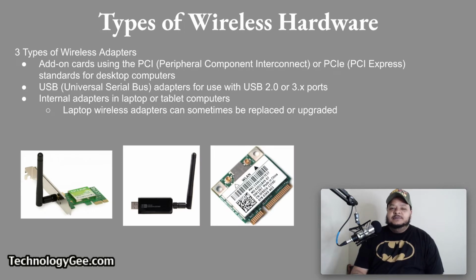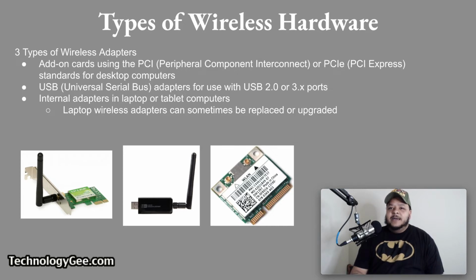So there are three types of wireless adapters currently available. You have add-on cards using PCIs or peripheral component interconnects, or PCIEs, which is PCI Express, and these are standard for desktop computers. Then you have USB adapters for use with USB 2.0 or 3.x ports. And then you have internal adapters in laptop or tablet computers.